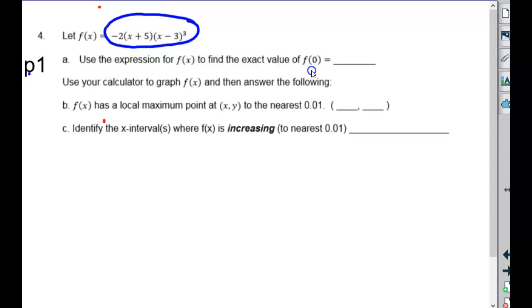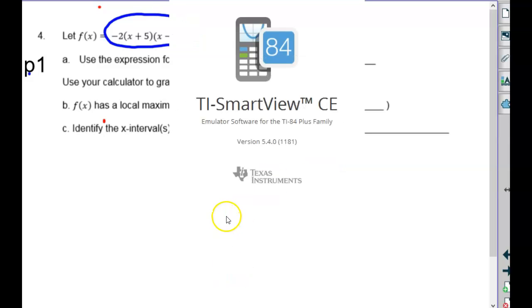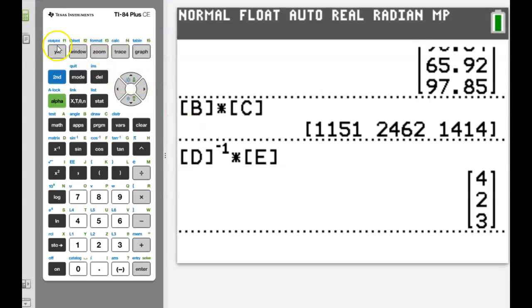So what are we doing there? Putting a 0 in. But then it says find the local maximum and find where it's increasing. So I think we just need to graph this anyway, don't we? All right. So -2, quantity x plus 5.